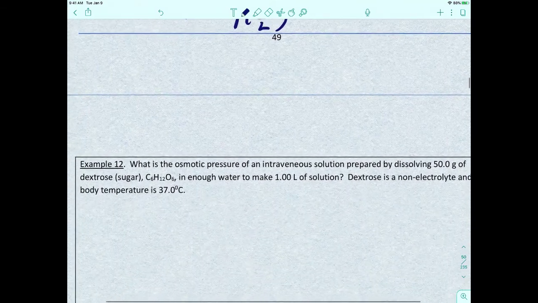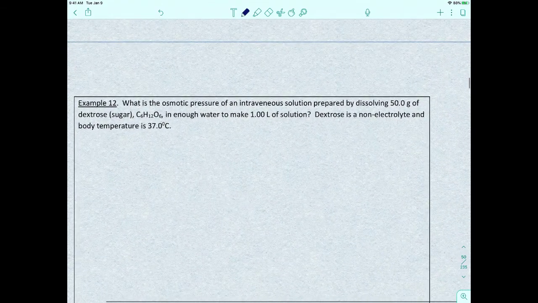So let's try this out. What is the osmotic pressure of an intravenous solution prepared by dissolving 50 grams of dextrose in enough water to make 1 liter of solution? Dextrose is a non-electrolyte, and the body temperature is 37.0 degrees Celsius. In this case, we're solving for the osmotic pressure pi, which we don't know.